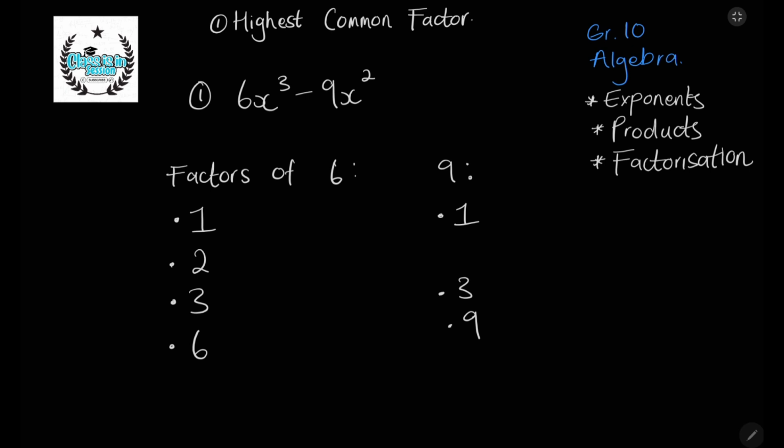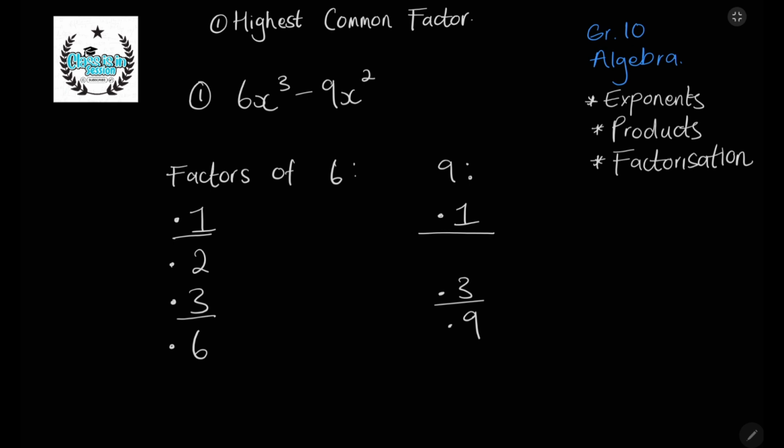Factors of 6, you have 1, 2, 3, and 6. So what are the common factors? We have 1 here and 1 there. We have 2 here, so it's not common. We have 3 here and 3 there. And we're left with 6 and 9. Those are uncommon. So the common factors are 1 and 3. Which one is the highest?